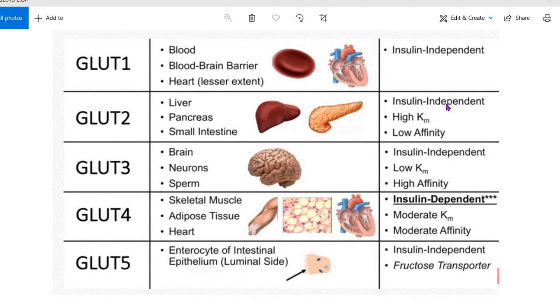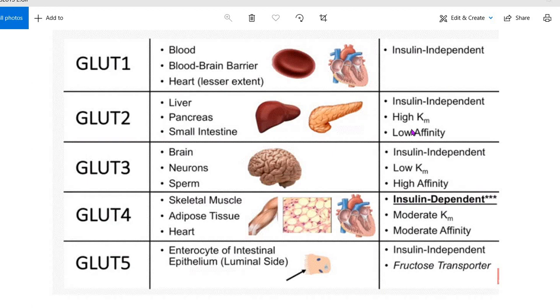Apart from that, it also has a high Km, and having a high Km simply means that it has low affinity for glucose molecules. And it makes sense that the liver and pancreas have low affinity for glucose.